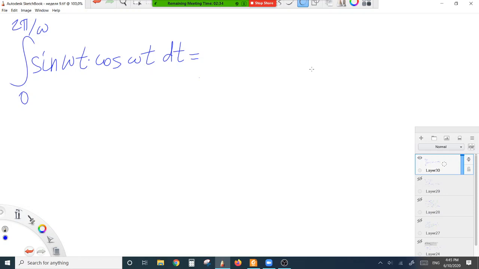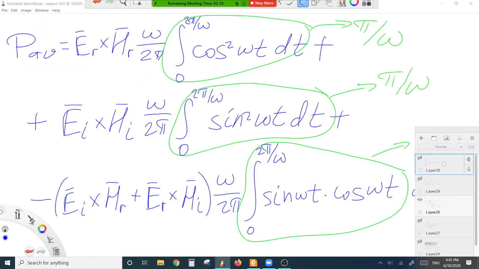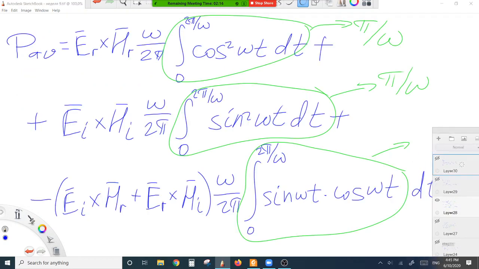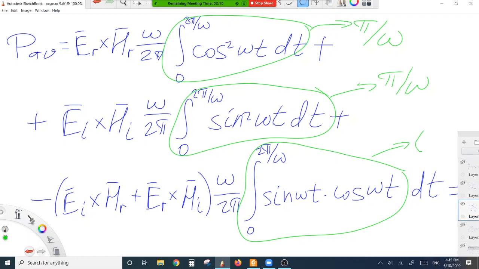The result of this integral should be 0. I will review this example later. So the result of this integral must be 0, and if we go back to our equation, here we have 0.